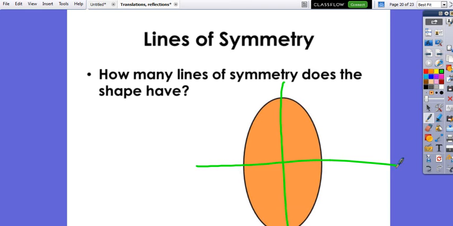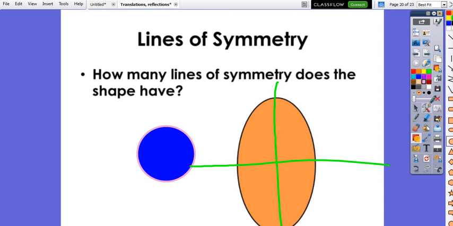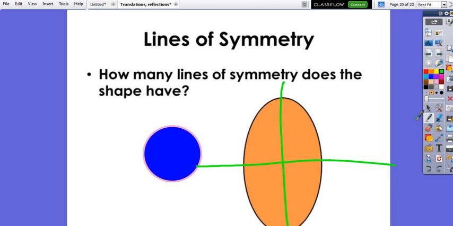Now, if it was a circle, how many would you have? Think about a circle. Let me see if I can get a little circle diagram on here. Here we go. All right, here's a circle. So how many lines of symmetry? 4.